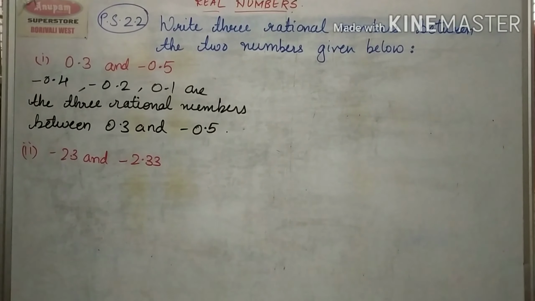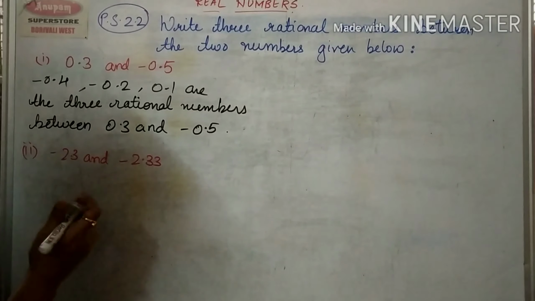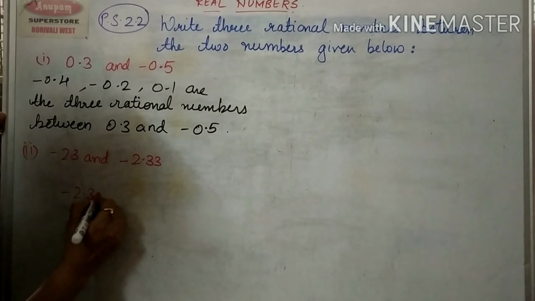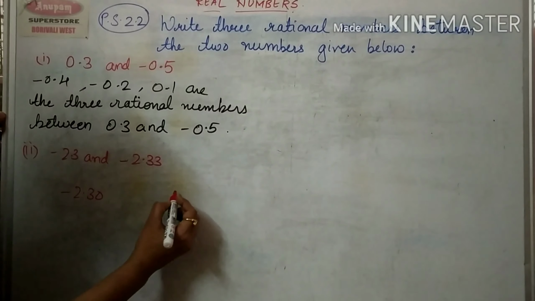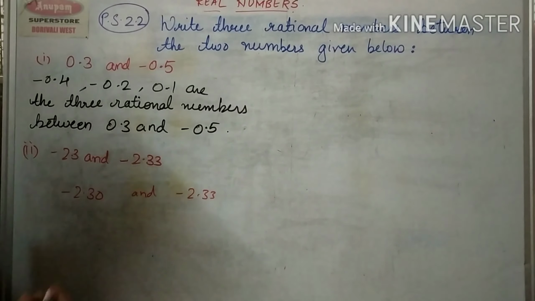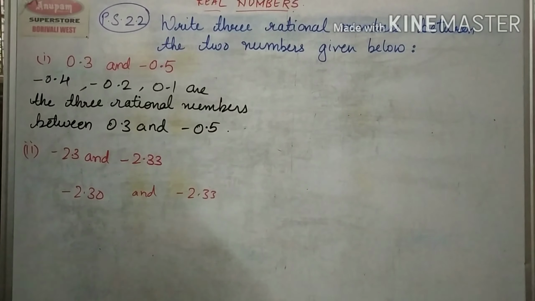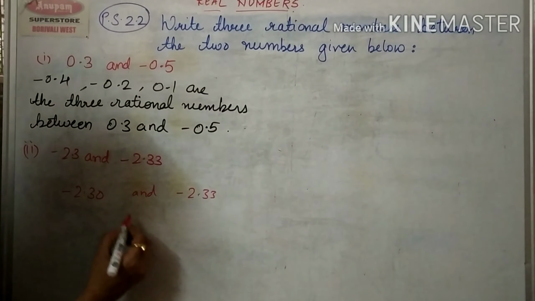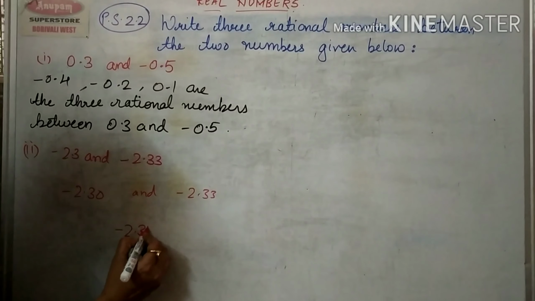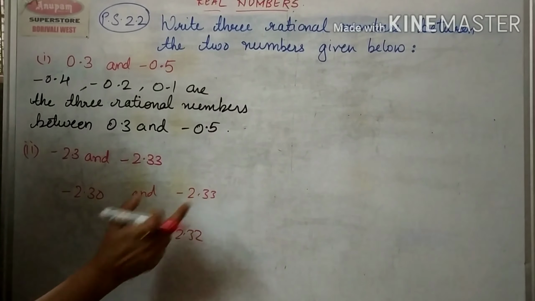See, children, if you have here minus 2.3, I can also consider it as minus 2.30. I can also write down this number as like this, and minus 2.33. So if you look here, 30 and 33, you can write down 31 and 32. Okay, so the two numbers that you can write down are minus 2.31 and minus 2.32.